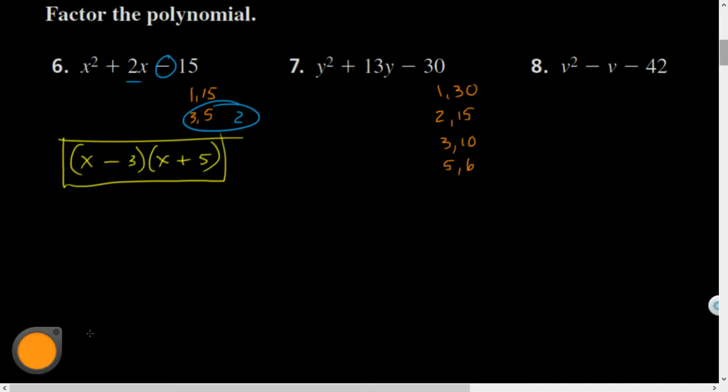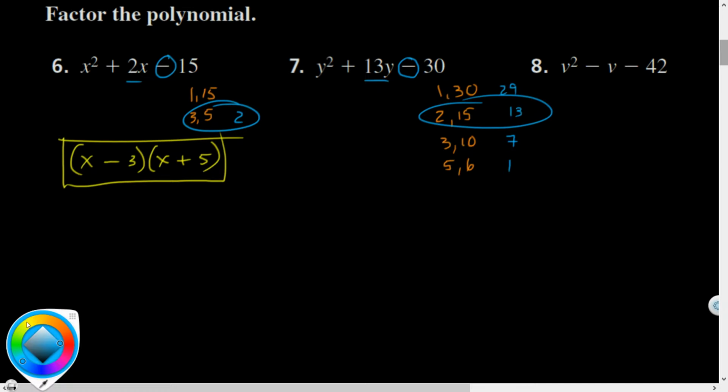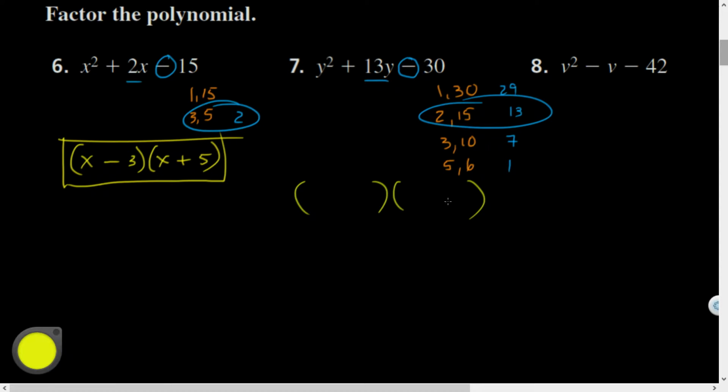Austin, can you help me take this problem the rest of the way? I'm looking for the factors that subtract to be 13. So this would have a difference of 29. And so I'm going to pick these ones, right? Am I going to have two X's in the parentheses this time, Austin?